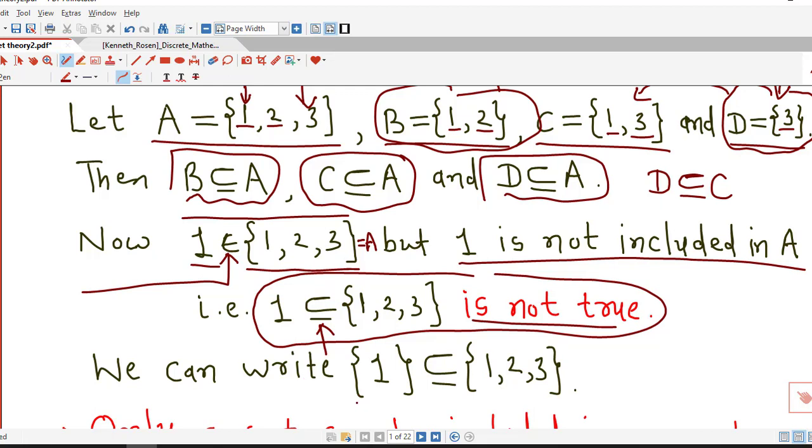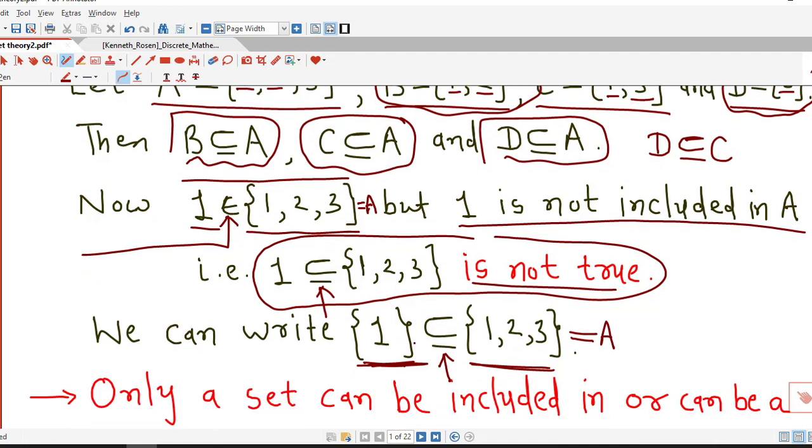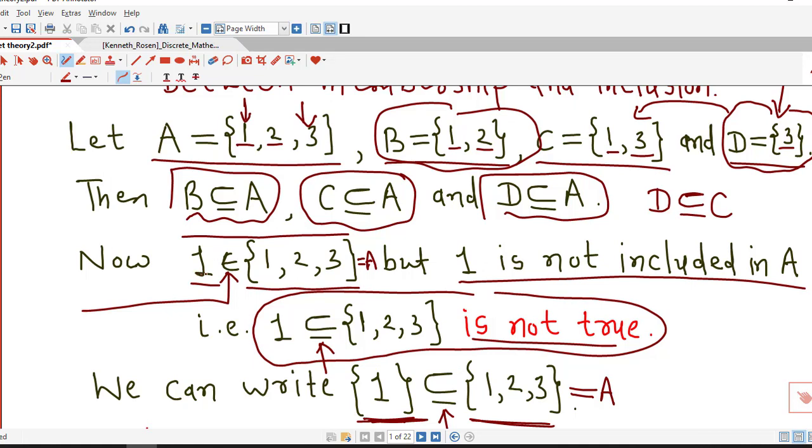And if we write it this way, now this is a set containing element 1 and this is a set containing elements 1, 2, 3, so this is proper notation because now we have two sets. So inclusion is a notation between two sets, and belongs to is a notation between a member and a set. We can write 1 belongs to {1, 2, 3}, but we cannot write 1 is a subset of {1, 2, 3}.